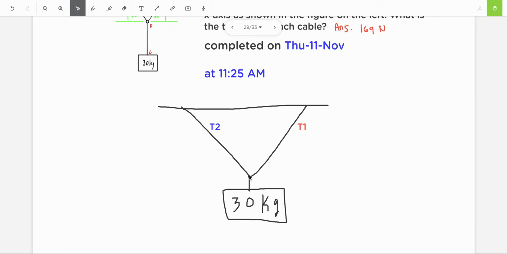And wait, we have 60 degrees there. I should draw it.